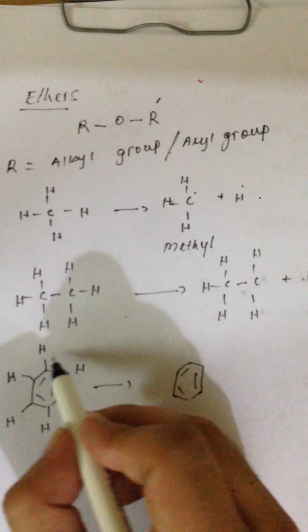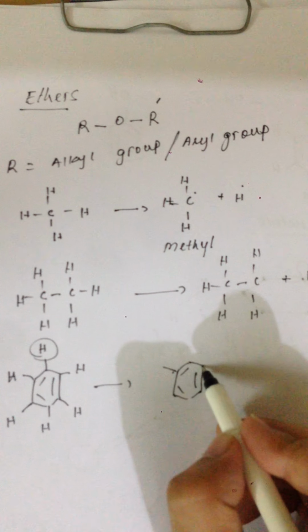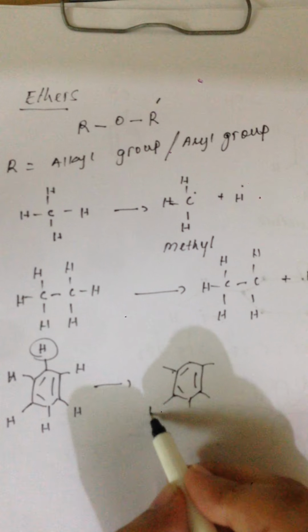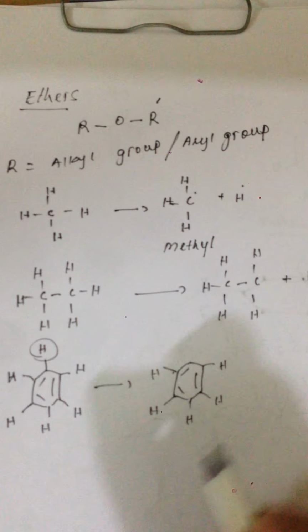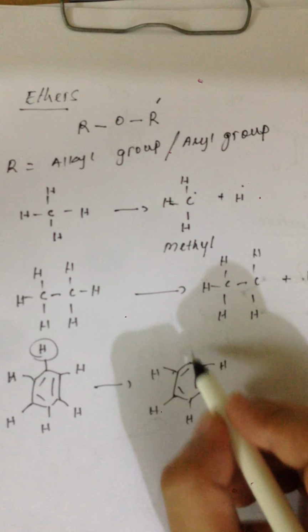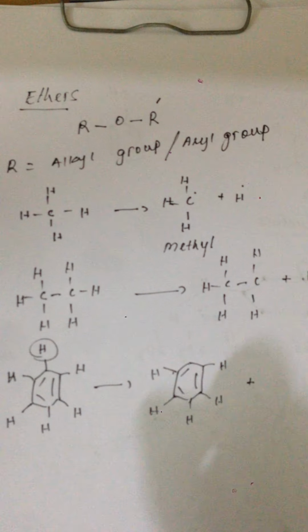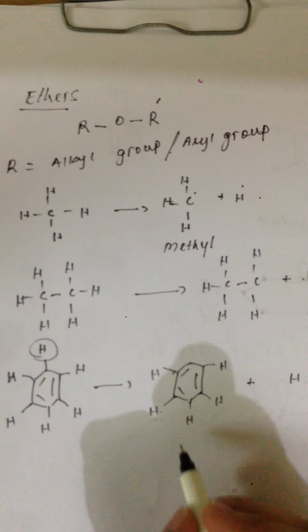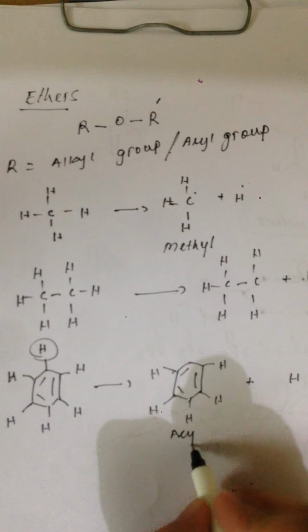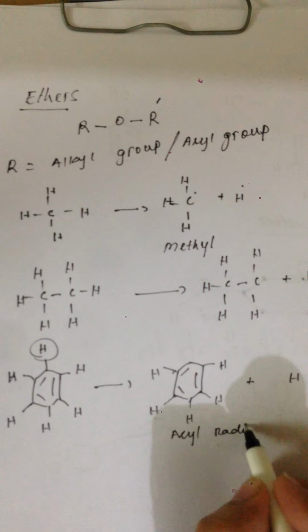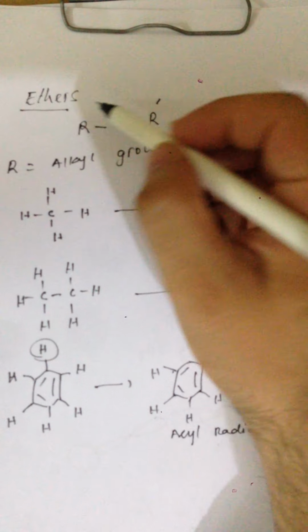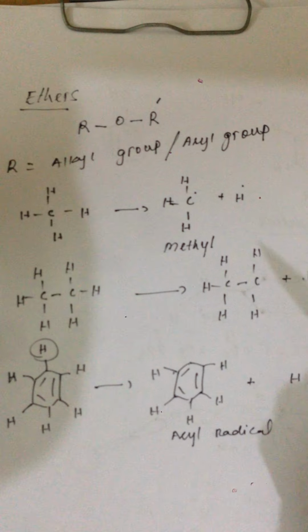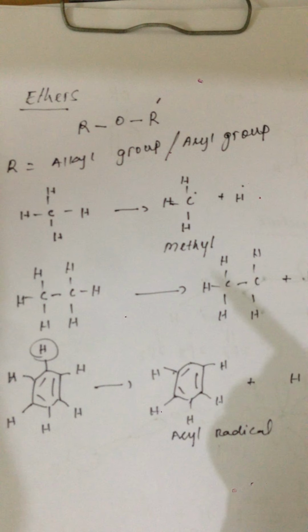Let's say we have removed this hydrogen atom, so now we have a species with 5 hydrogen atoms. This hydrogen atom is gone. This radical is called an aryl radical. So in ethers, this R can be an alkyl radical or an aryl radical.